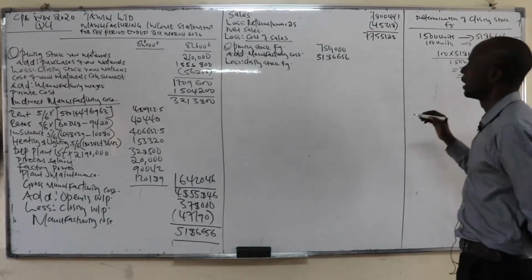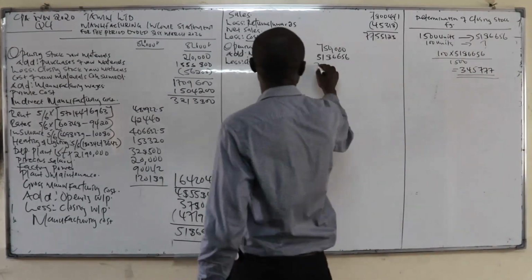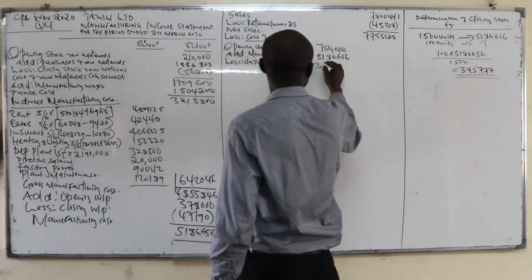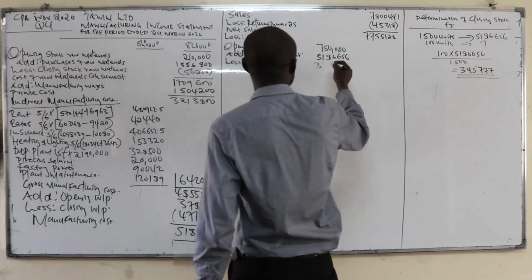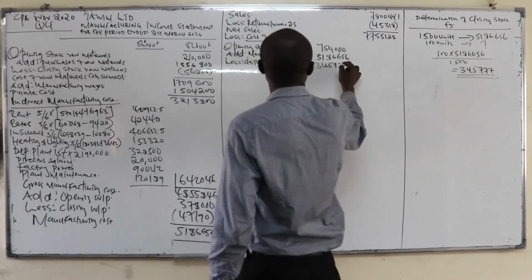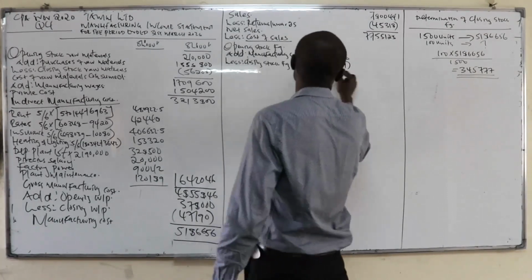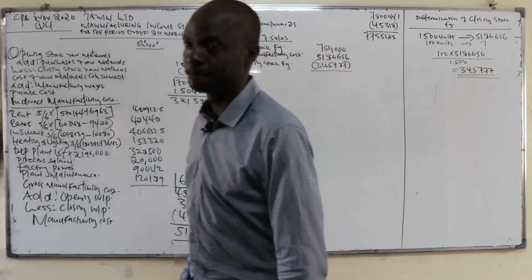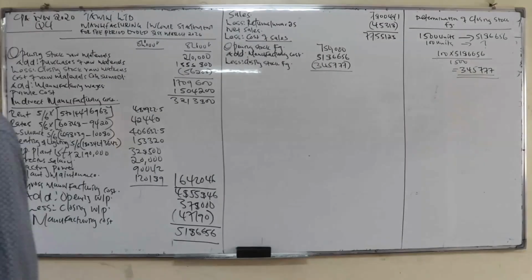So that one will be the closing stock of finished goods, 3.06. So you can just round it off. 345,777. What do you get?